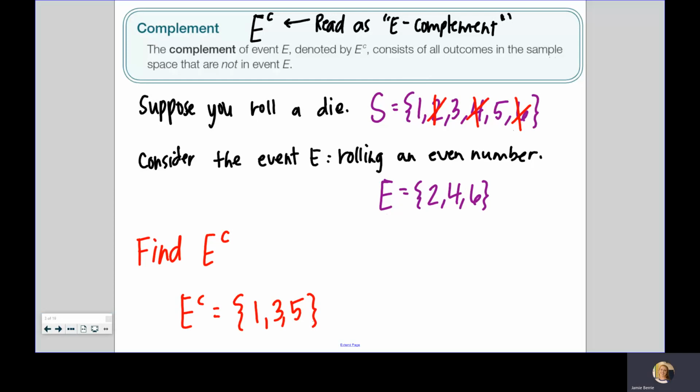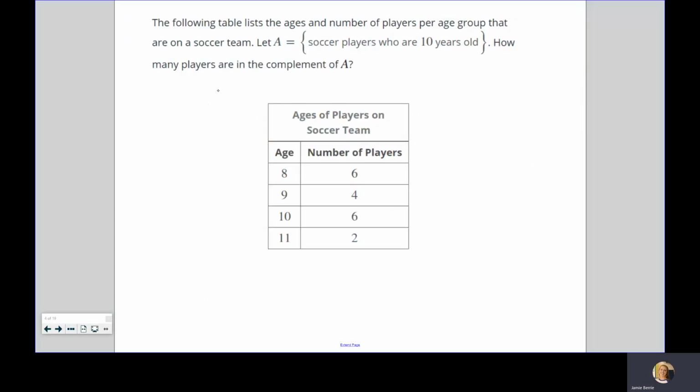All right, so let's look at an example from the homework. We're going to call this number 2. It says the following table lists the ages and number of players per age group that are on a soccer team. Let A be the set of soccer players who are 10 years old. How many players are in the complement of A? All right, so we've got this little table here.